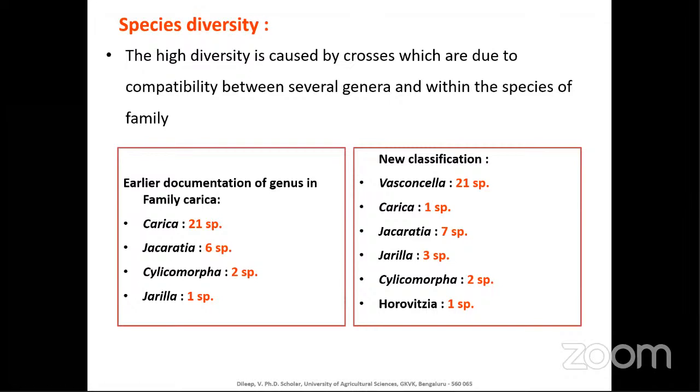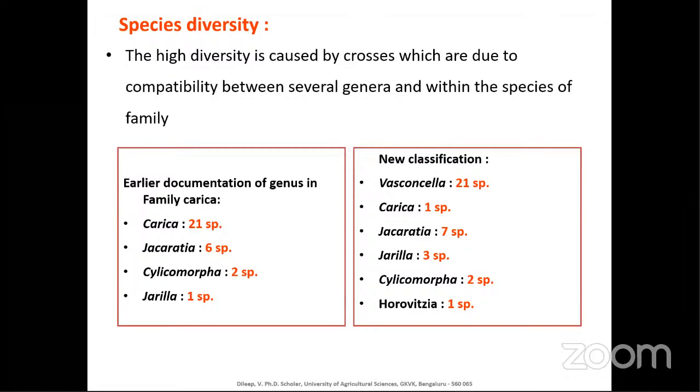All the other members of Carica, apart from the cultivated papaya, were moved into Vasconcellea. So Vasconcellea is a wild genus. It contains Vasconcellea cundinamarcensis, Vasconcellea monoica, Vasconcellea cauliflora, like that. All those are wild, non-edible species, so they were added to the genus Vasconcellea. Now the genus Vasconcellea has 21 species.